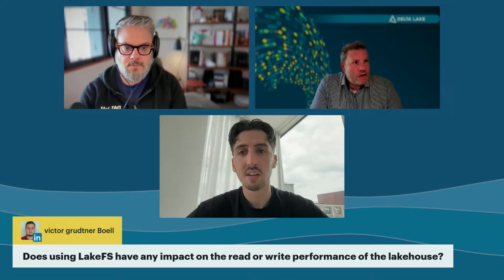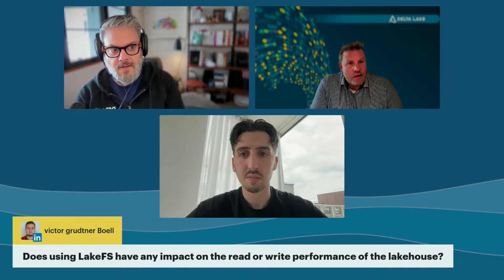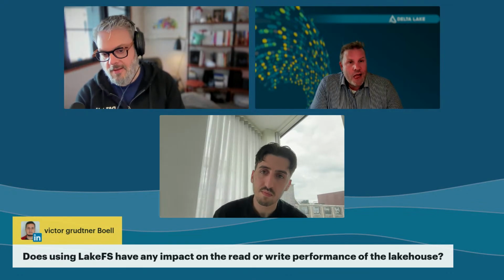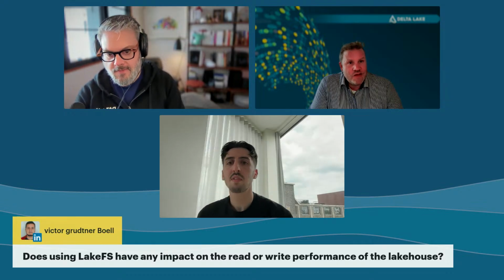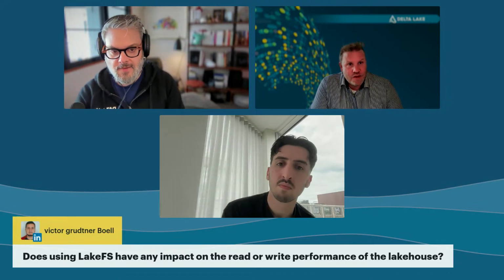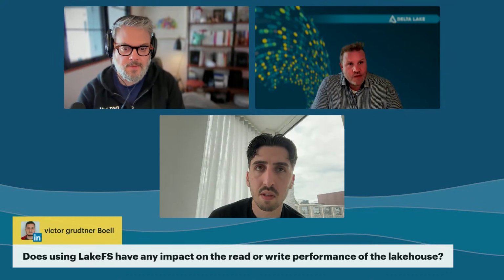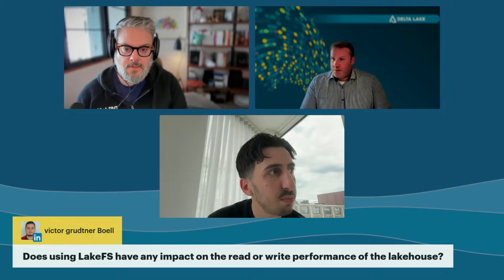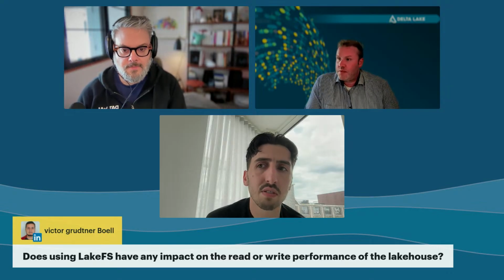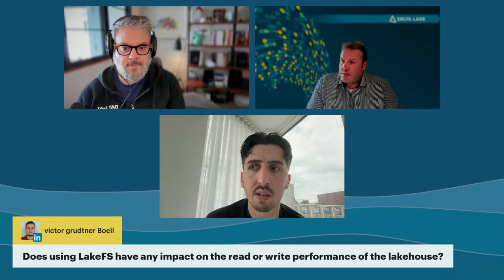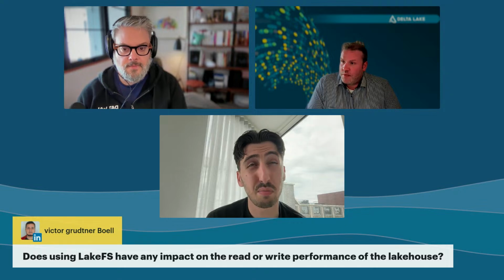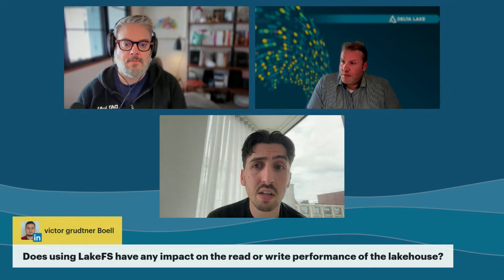Because it would feel like a lot of the jobs sound like they're a lot more read heavy anyways, versus being write heavy, given that you're essentially just writing deltas to Delta Lake anyways. So there is probably a way to even make it faster. You can set up LakeFS to use pre-signed URLs.